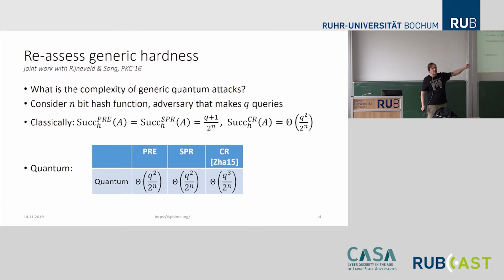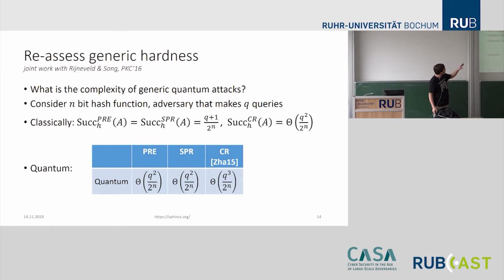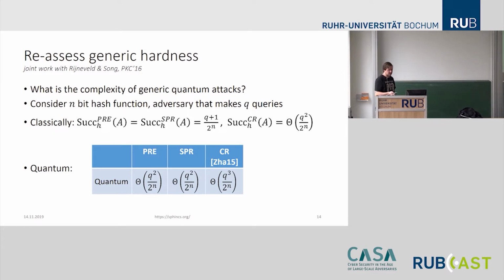Then actually you can make an additional guess if you were not successful until this point. So with Q queries, you essentially test Q+1 values, and it gives you this (Q+1)/2^n success probability for an n-bit hash function. And in the quantum setting, you get Q^2/2^n. Oh, actually, this is the post-quantum setting in this case.